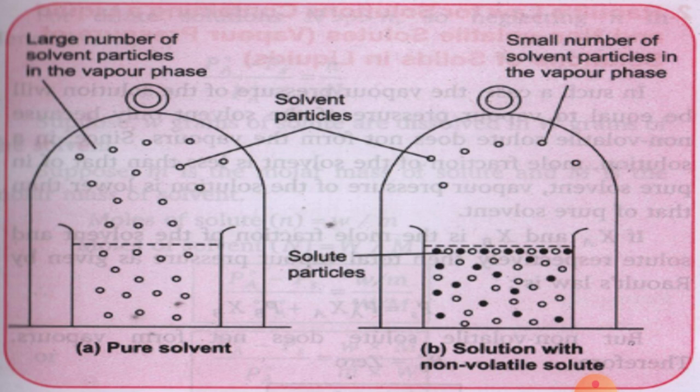the surface molecules are covered by some solute particles that decrease the surface area of water molecules, and that's why the escaping tendency of these solvent molecules or water molecules decreases, and hence a small number of solvent particles in the vapor phase is seen in the diagram.